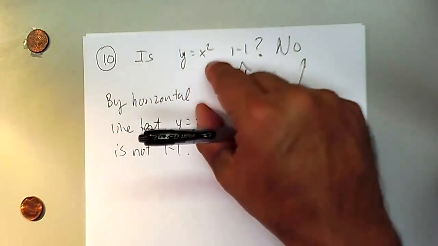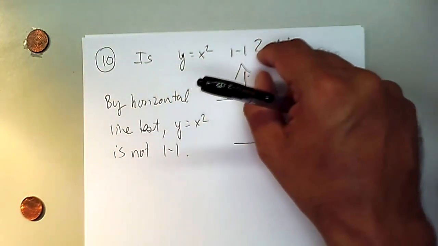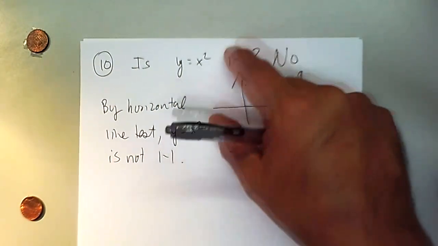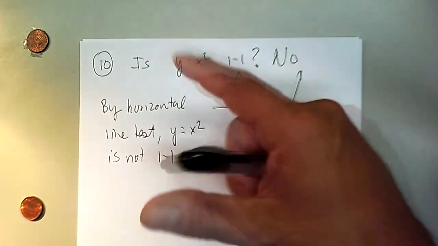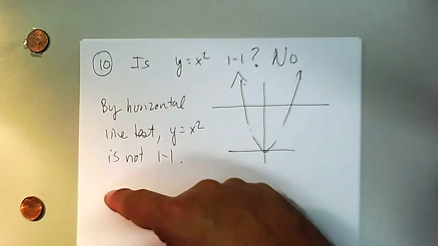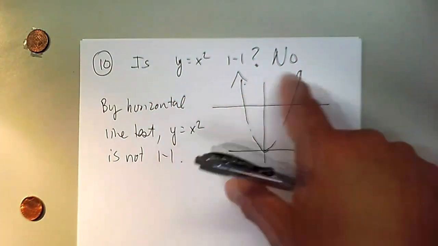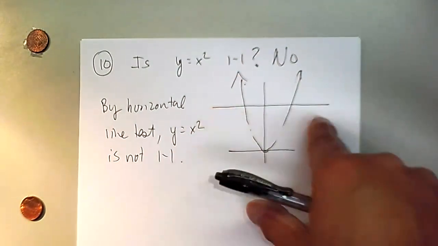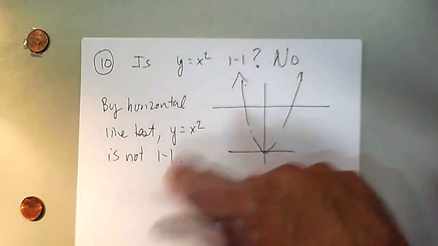See, the question is not asking find the answer. It's asking a more general question. Is this one-to-one or not? And why not? Well, no, and we have to explain why not. Because it fails, there's a horizontal line that crosses the graph, which is well known, at 2 points.